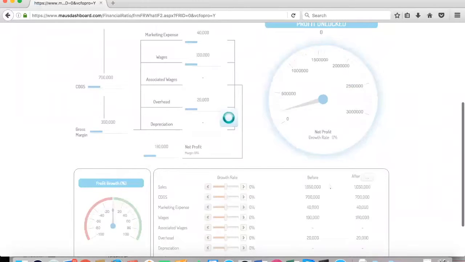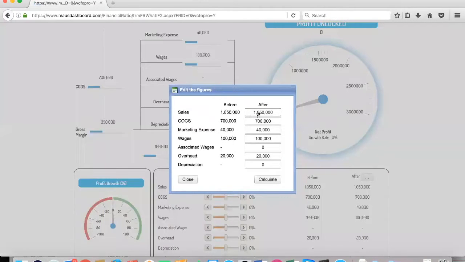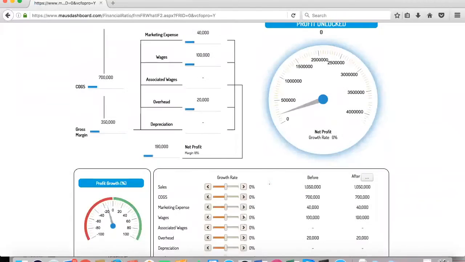So we'll put that one in. Okay. Now, at the same time, we know we were able to get to 50% profit margin, but let's not be too aggressive.